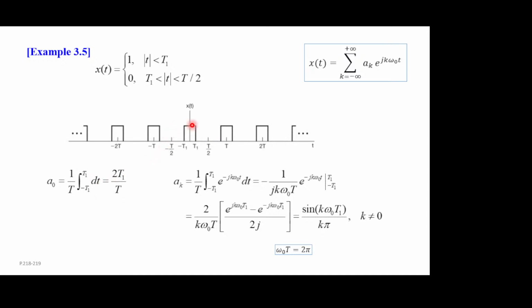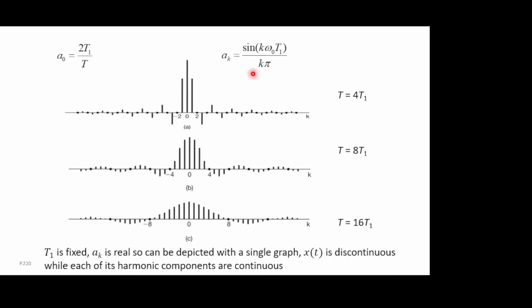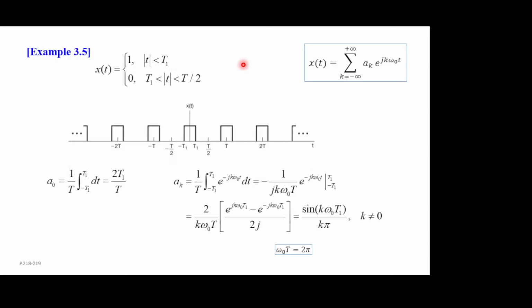But there are some tricky points about this. Also, what kind of signal can you actually express with this Fourier series representation? We see that this is maybe a little more general than we think.